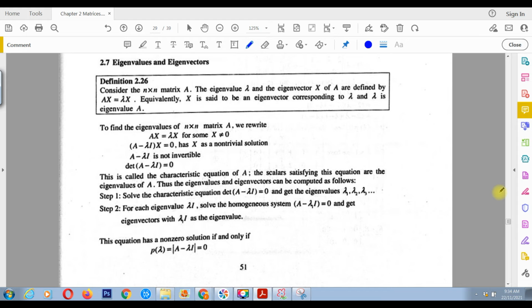What is the meaning of eigenvalue and eigenvector? So it just gives us AX equals lambda x, meaning this matrix is equal. So what is this actually?